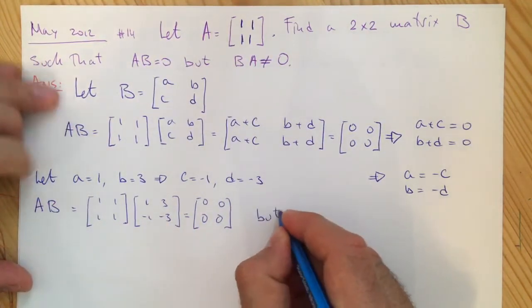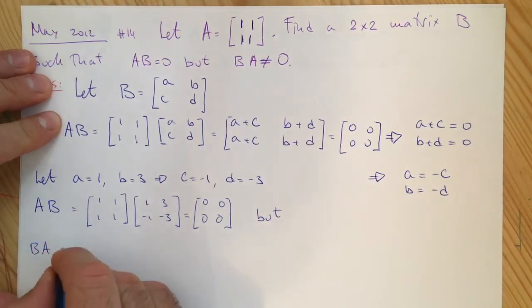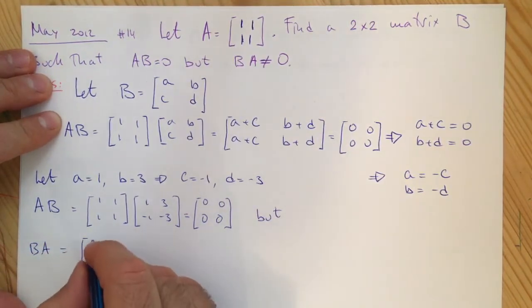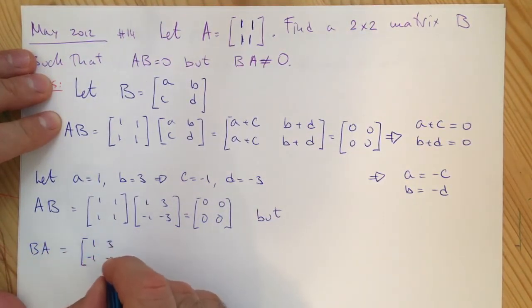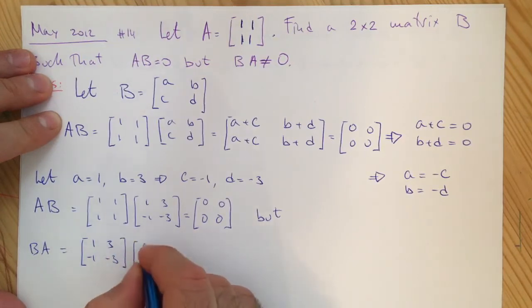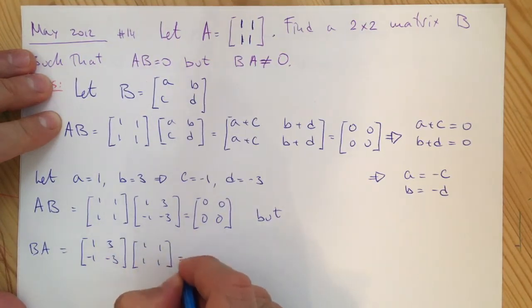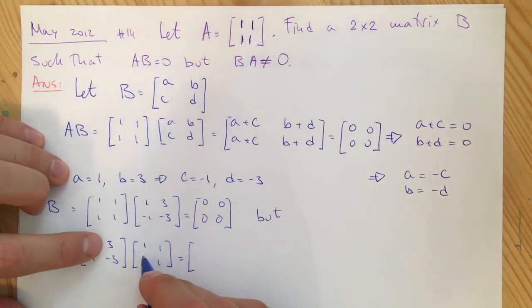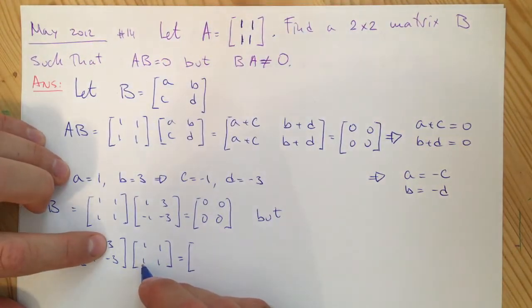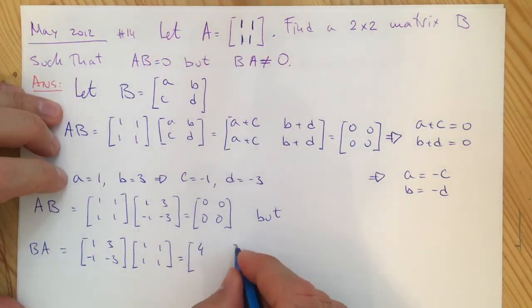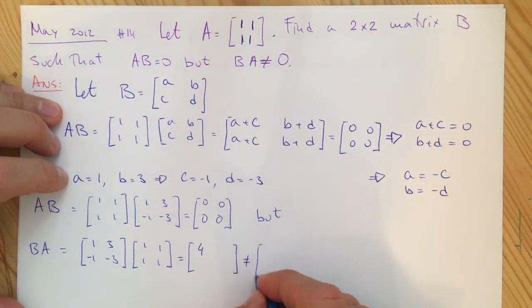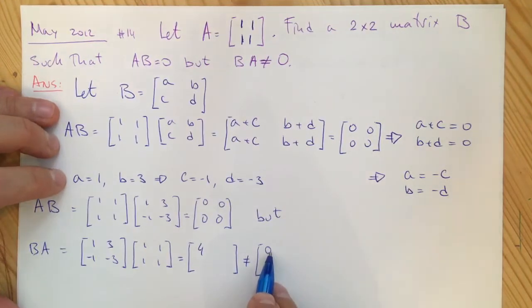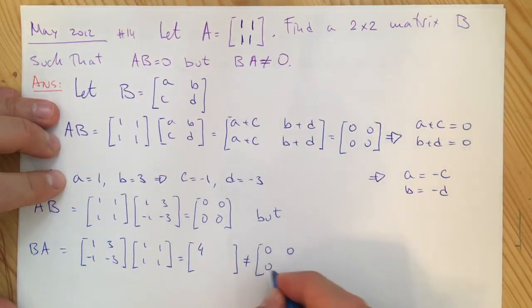But if you multiply B times A, where this is B, right? 1, 3, -1, -3, times 1, 1, 1, 1. Let's see, what do we have? 1 times 1 is 1, plus 3 times 1 is 3, so that's 4. So right away we can stop right here, because this is definitely not going to be the 0 matrix.